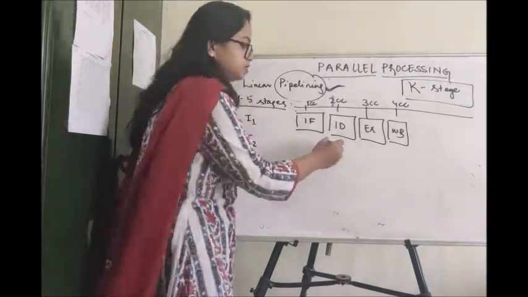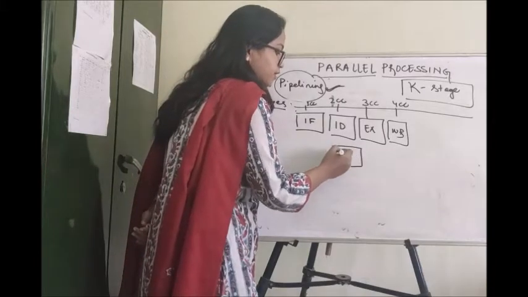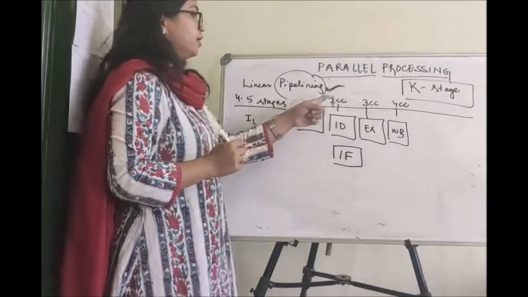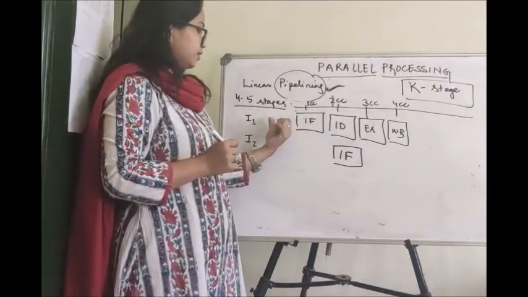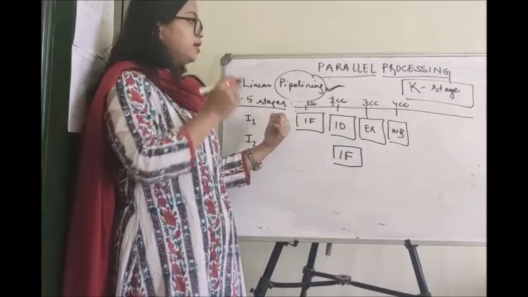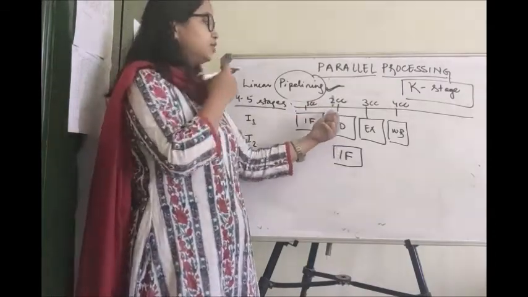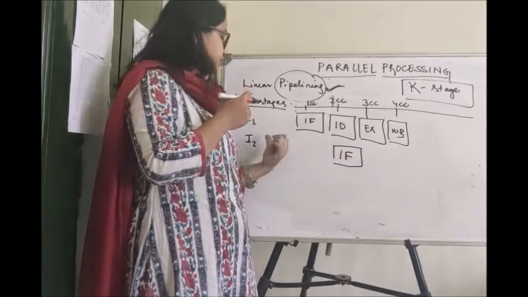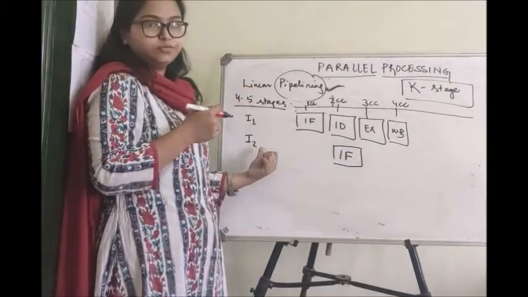So what we can do is, we can fetch here. Okay? So, in first clock cycle, the processor is fetching instruction number 1. In the second clock cycle, the processor is decoding instruction 1 and fetching instruction number 2.